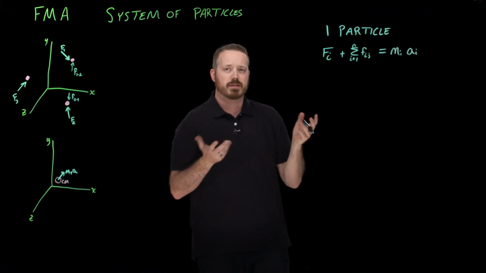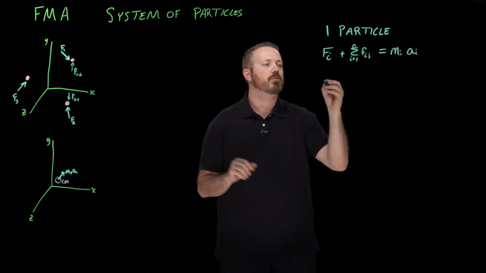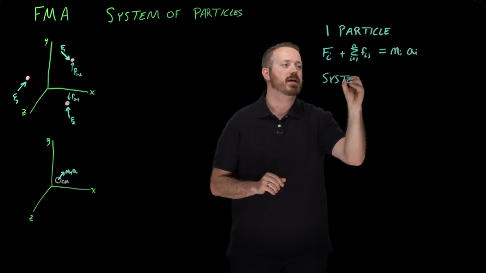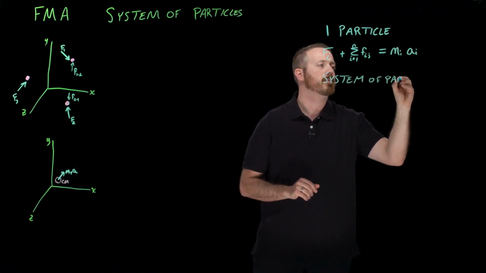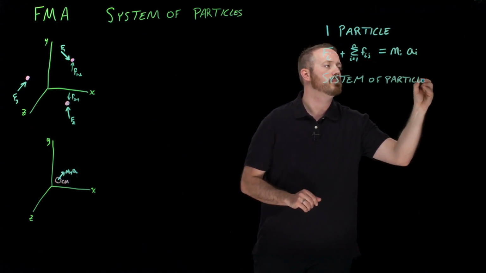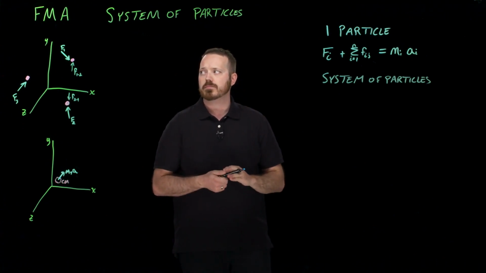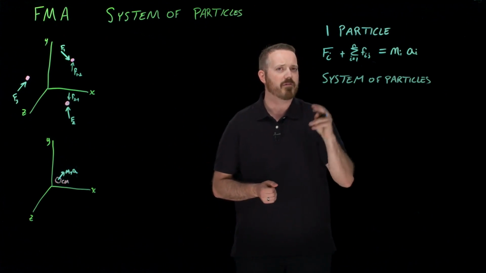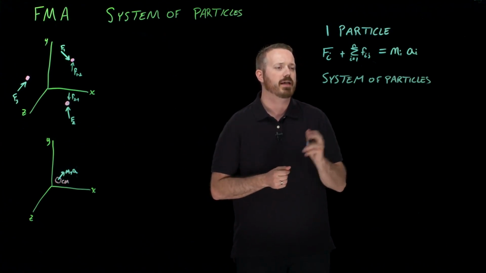Now, that's dealing with one little particle at a time. We can also look at what if we dealt with the whole system of particles all together at the same time. For a system of particles, we can think of Newton's third law: for every action, there's an equal and opposite reaction, or a collinear reaction in the opposite direction.